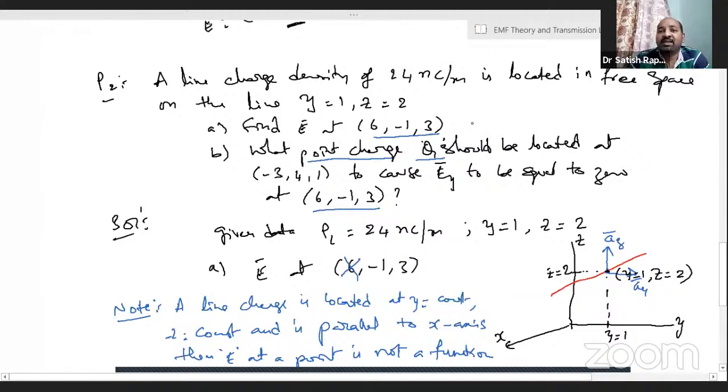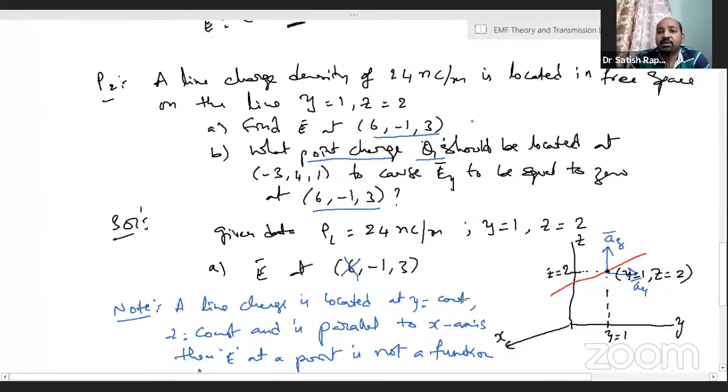So we have calculated electric field at this point with respect to line charge. So in B bit, in addition to line charge, we also have a point charge. Now what is electric field? We need to determine the total electric field at the point (6, -1, 3) with respect to line charge as well as point charge.